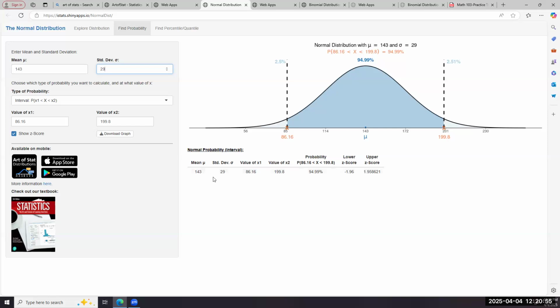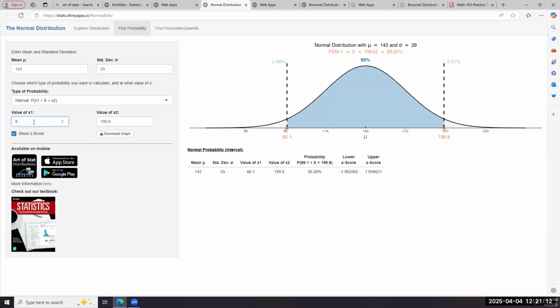So the mean is 143 and the standard deviation 29. Oh, I'm sorry, I didn't put in the X1 and X2. I was shocked that these numbers are here. Remember, you want the weight to be between 140 and 211.